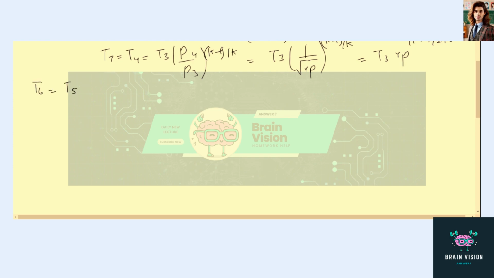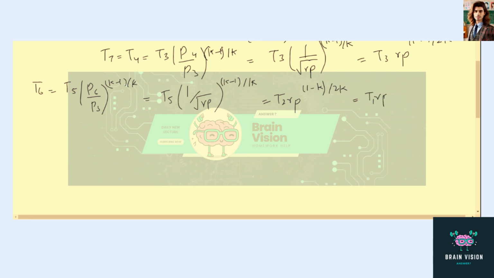Now T6 is equal to T5 into P6 divided by P5 power K minus 1 divided by K, which is equal to T5 into 1 divided by under root Rp power K minus 1 divided by K, which is equal to T2 Rp power 1 minus K divided by 2K, equal to T1 Rp power K minus 1 divided by K, Rp power 1 minus K divided by 2K.